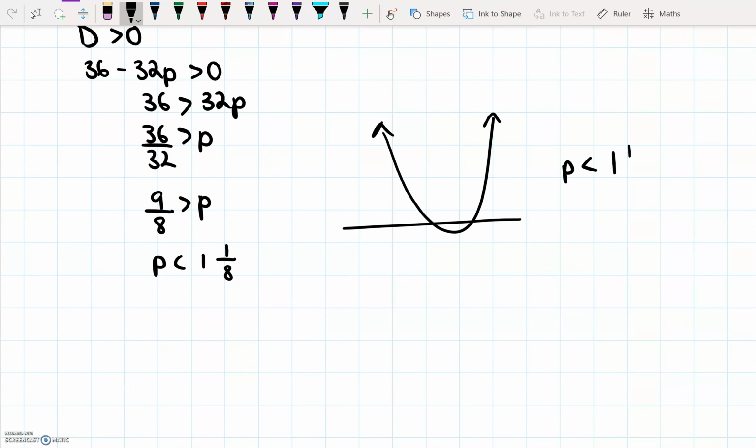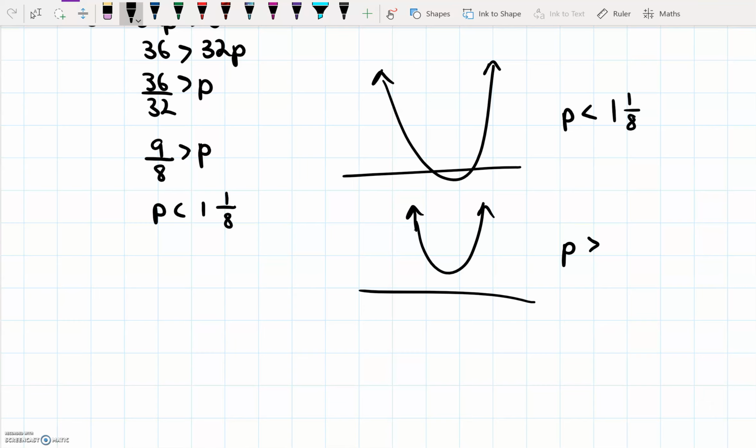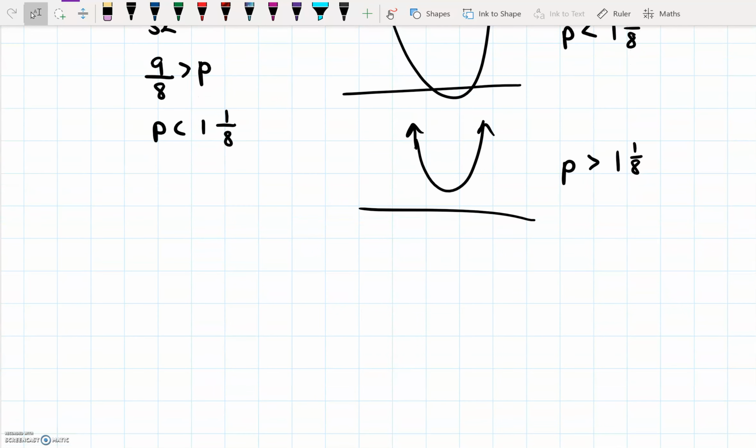So here we have a sketch like this. If p is equal to 1 1/8, then our parabola will touch the x-axis. Okay, and we're done.